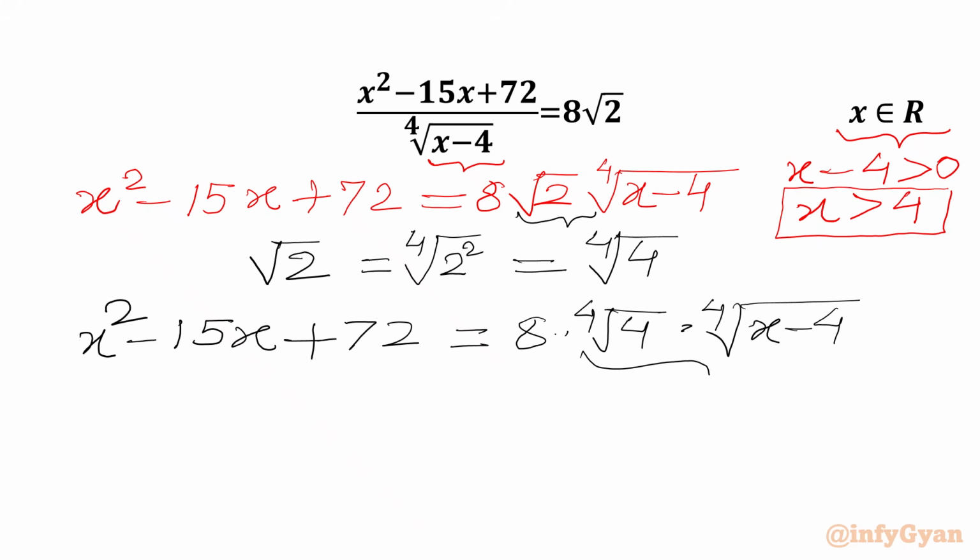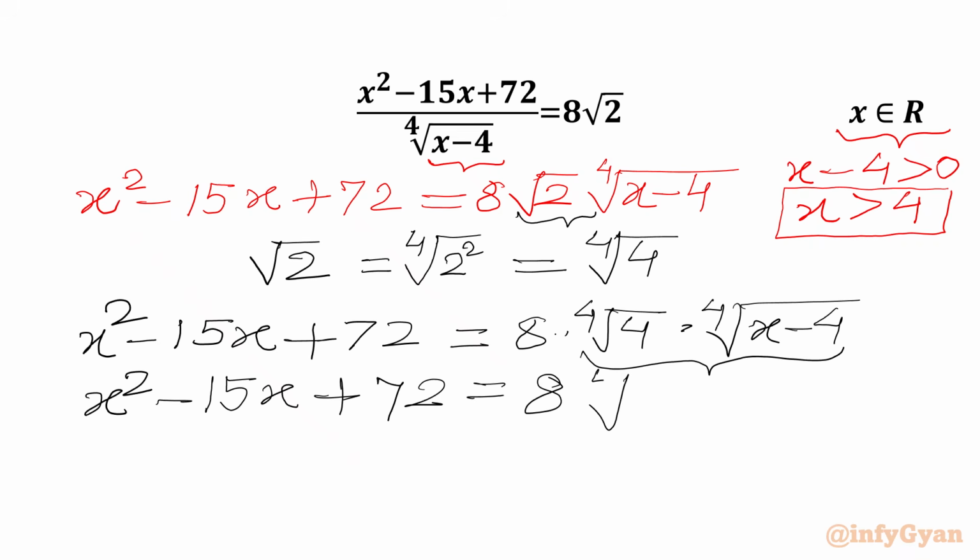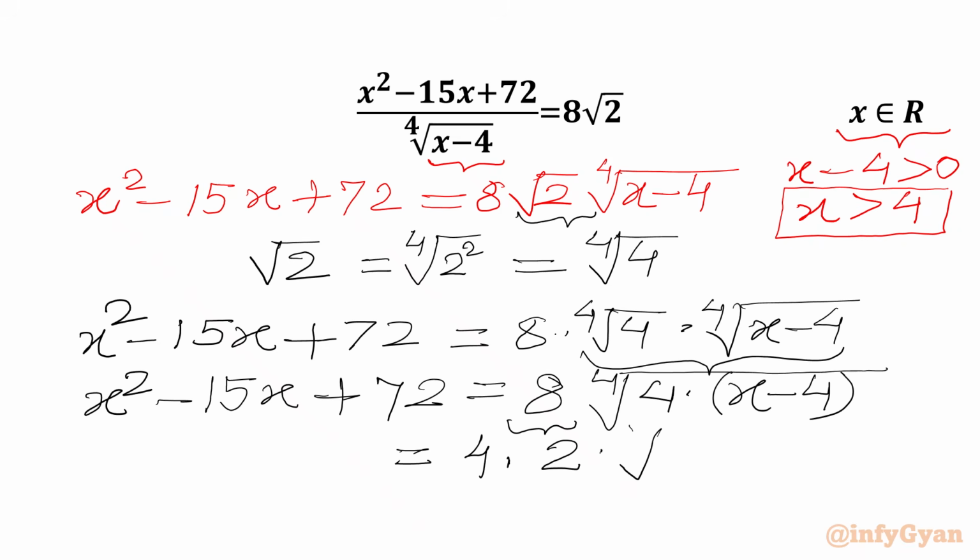We can club these two 4th roots and write the equation x square minus 15x plus 72 equal to 8 times 4th root of 4 times x minus 4. Now we have 8 over here, which we can write as 4 times 2. So I will write 4 times 2 times 4th root of 4 times x minus 4. Now 2 can be written as 4th root 16.